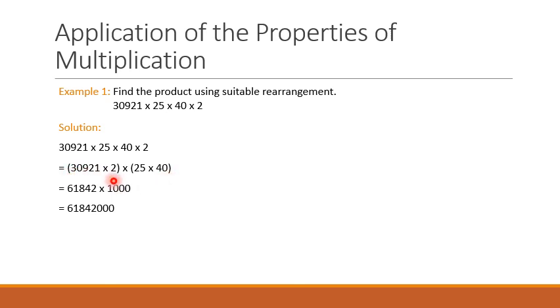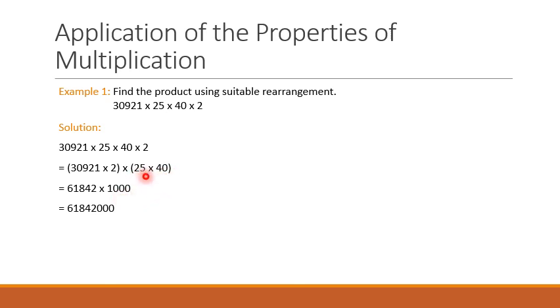Multiplying by 2 is easy, so we can multiply it easily. The product will be 61,842. Now if I multiply 25 by 40, the product is 1000. You must be remembering that 25 fours are 100, and put one more zero after it. So 25 into 40 gives me 1000.